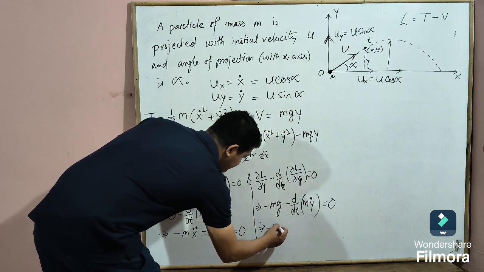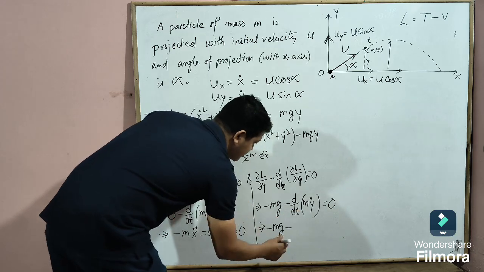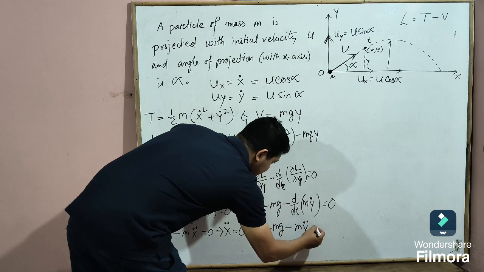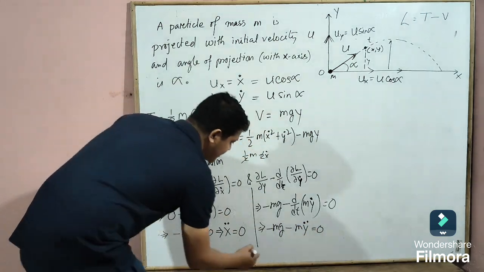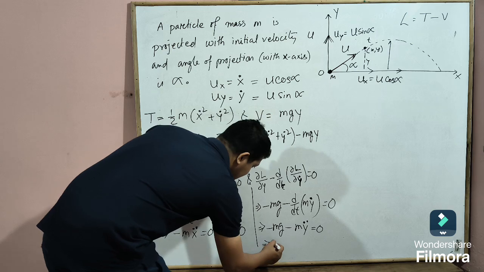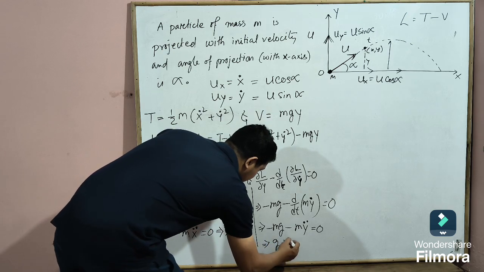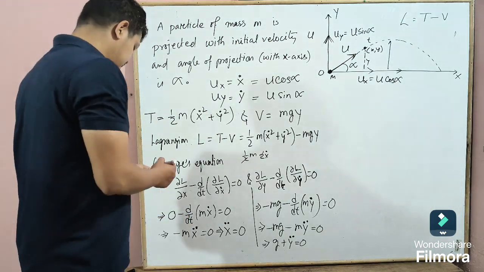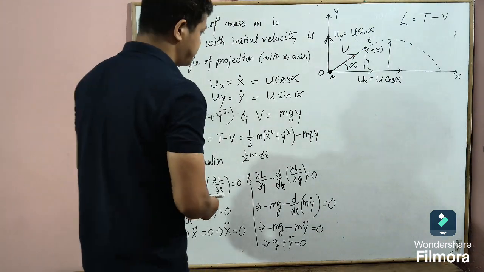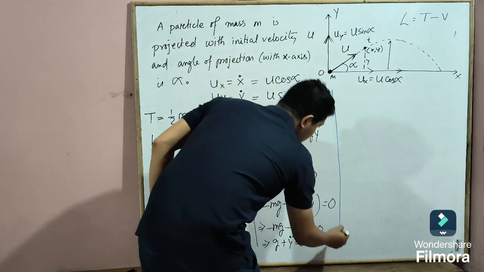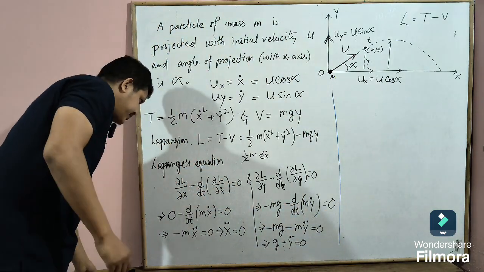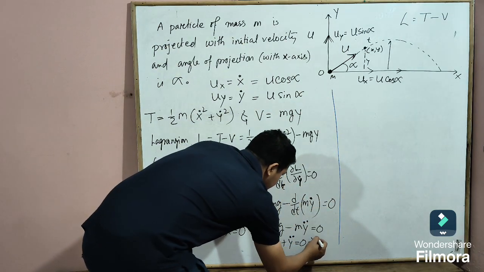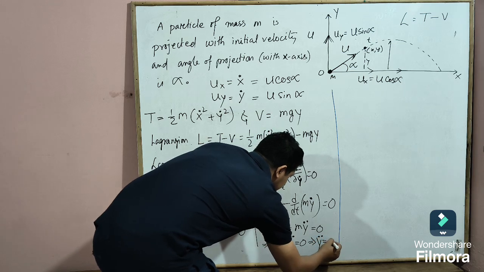So this is minus mg, and minus, if you differentiate it with respect to t again, then you're going to get m y double dot equal to 0. Divide both sides by minus m, then you're going to have g plus y double dot is equal to 0. Now from here we can write y double dot is equal to minus g.